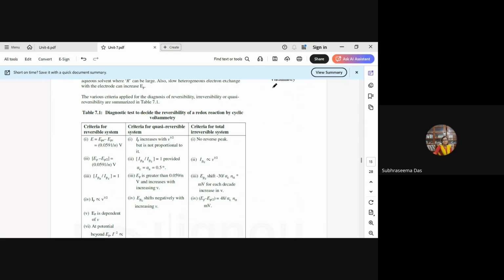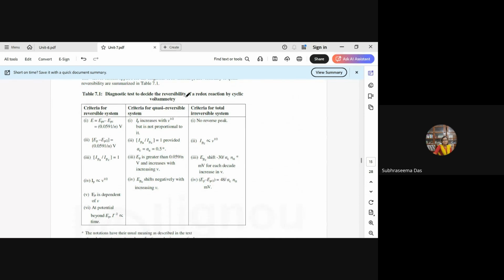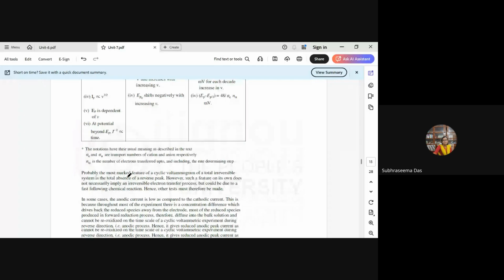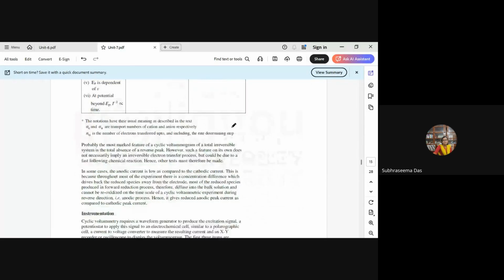In table 7.1, you can see the diagnostic test to decide the reversibility of a redox reaction by cyclic voltammetry. The criteria for a reversible system, the criteria for a quasi-reversible system, and the criteria for a totally irreversible system are shown here. These are some of the criteria that need to be remembered.